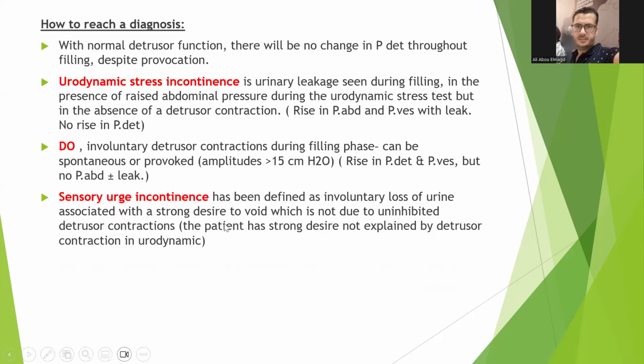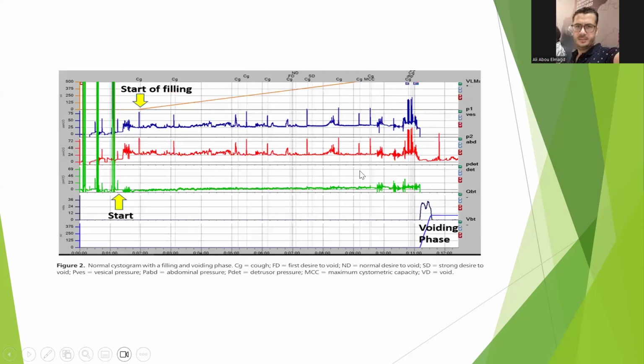With detrusor overactivity, during the filling phase the detrusor pressure will rise, and this will lead to an increase in the vesical pressure. Sometimes it is accompanied by leak and sometimes not. But during the filling phase, there will be a rise in the detrusor pressure like that.